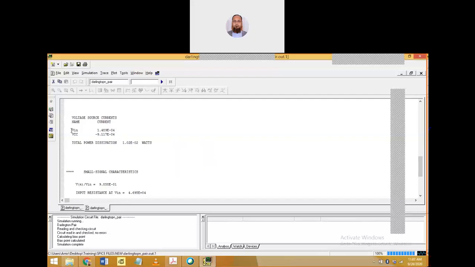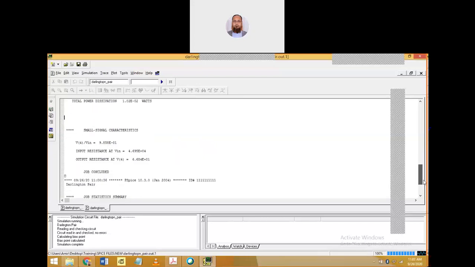The current flowing in V in is like 0.1489 milliampere. This is negative just to show the direction. How much power is dissipated, that we also know. In this calculation, 10.2 milliwatt power is dissipated.